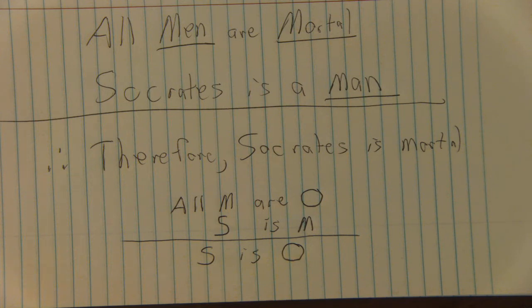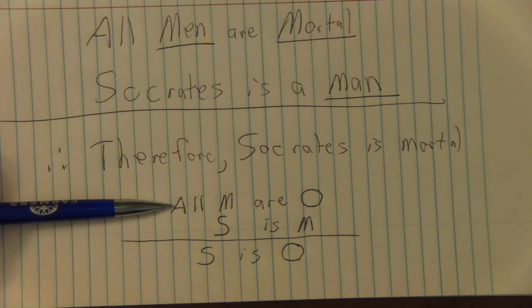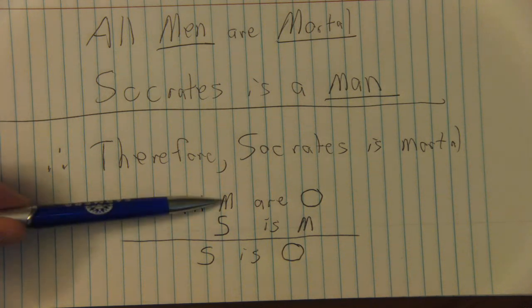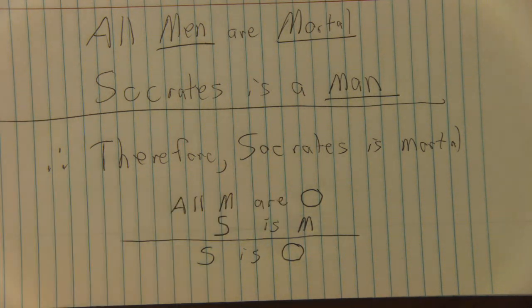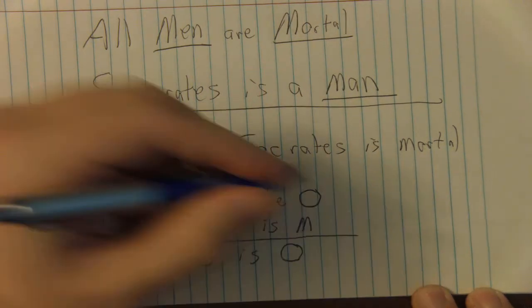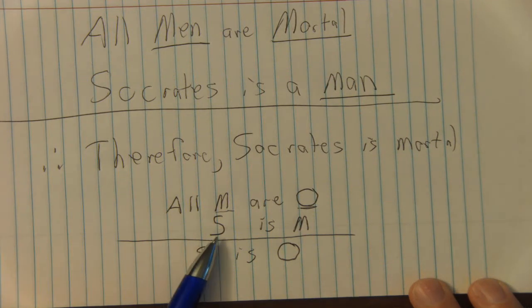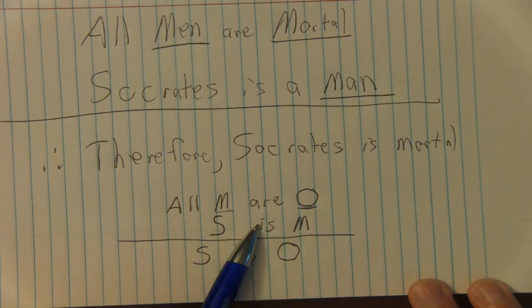So I want something of this form that is clearly true. All M are O. What's a true statement of that form? Here's one I like to use. All dogs are mammals. So if I am providing a substitution instance of the argument, M is dogs and O is mammals. Now I need something of the form S is a dog.